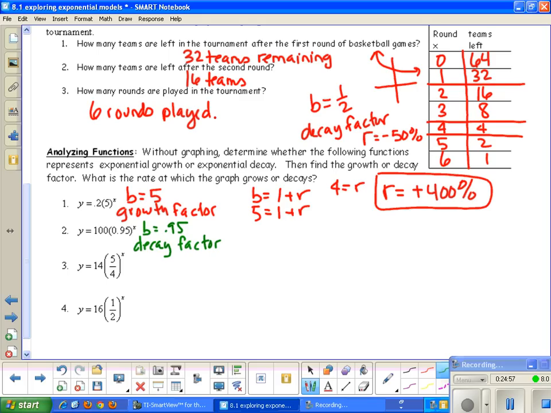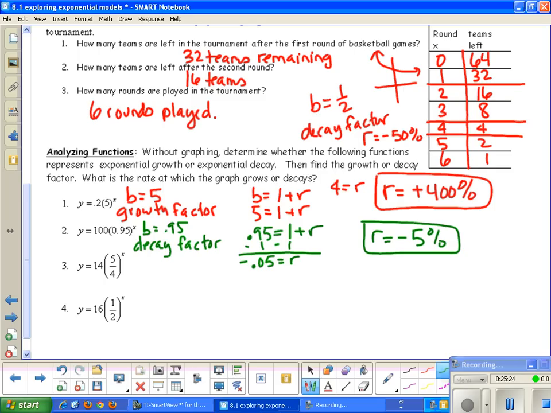So I have b equals 1 plus my rate, so 0.95 is equal to 1 plus r. This time I'm subtracting the 1. When I do that, I get minus 0.05 is equal to r. If I write this as a percentage, that means we are decreasing by 5%. So multiply that by 100 or move your decimal place 2 places to the right to get that percentage.